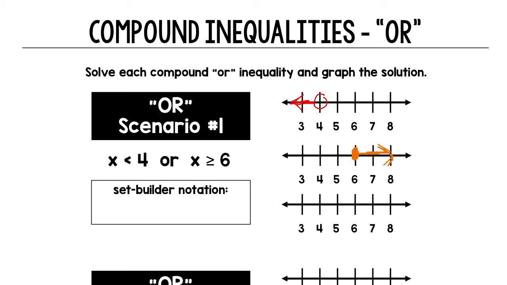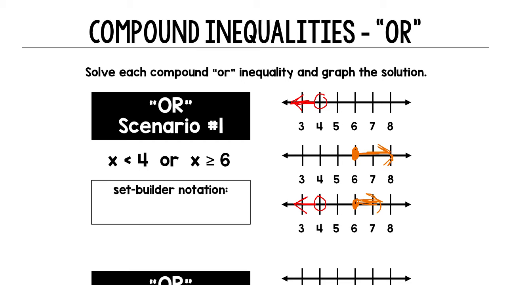The compound inequality of these two will be where they overlap. Well, these are never going to overlap, so we're just going to put these two graphs together. So this top line, x is less than 4, and x is greater than or equal to 6, all on one graph. So this is our solution.